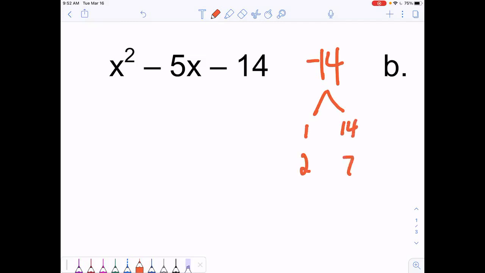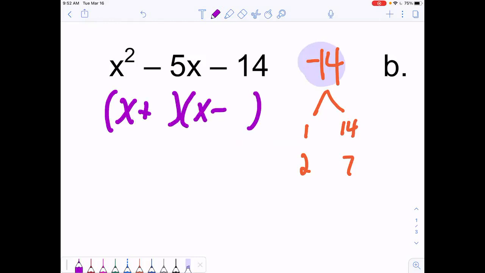Good. Now, we look at this. This is negative here. Does that mean that the signs are going to be the same, both positive or both negative, or different, one positive and one negative? Different. Good. So we know that one has to be a positive, one has to be a negative.